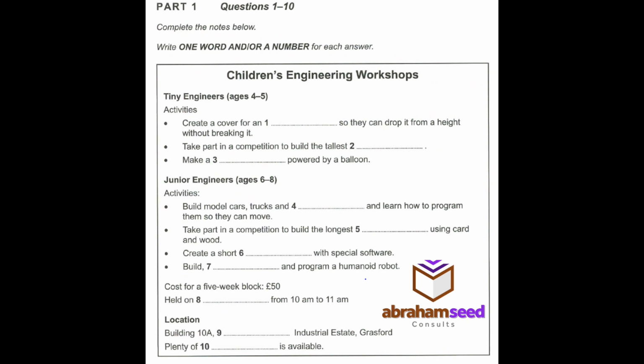Right. And do they have competitions too? Yes. With the junior engineers, it's to use recycled materials like card and wood to build a bridge. And the longest one gets a prize. That sounds fun. I wouldn't mind doing that myself. Then they have something a bit different, which is to think up an idea for a 5-minute movie and then film it, using special animation software.